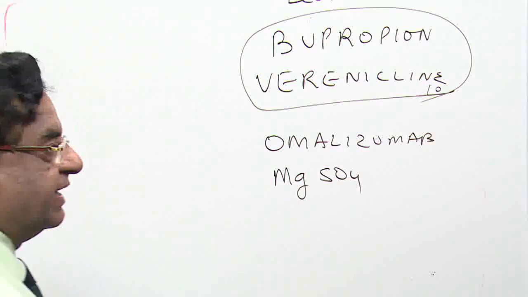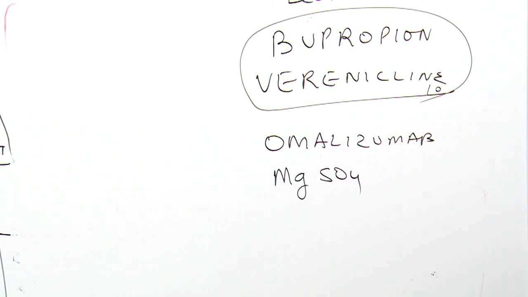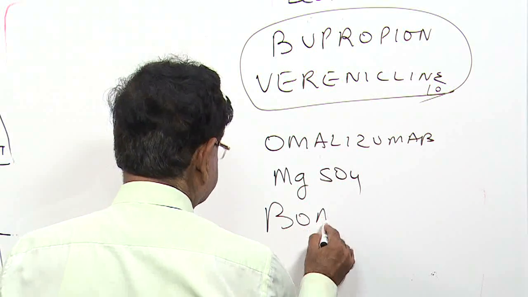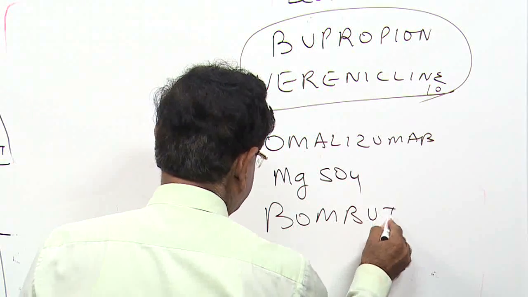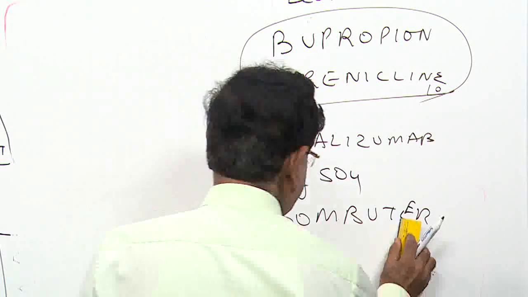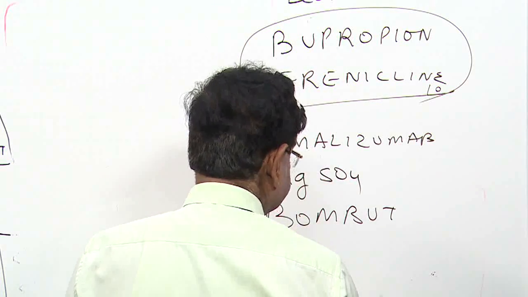In status asthmaticus we use magnesium sulfate. Now a new drug has come, bambuterol. Bambuterol is a new thing that has come in the 19th edition.